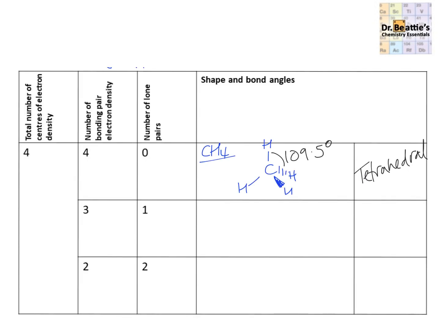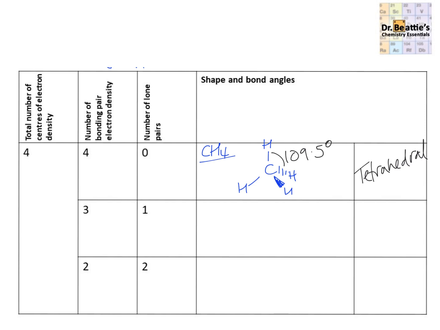So using this rule, we can relook at this scenario where we've got 3 bonding areas of electron density and 1 lone pair. If we refer to the tetrahedral structure where they were all bonding pairs, then the introduction of 1 lone pair is going to reduce our bonding angle by 2.5 degrees.